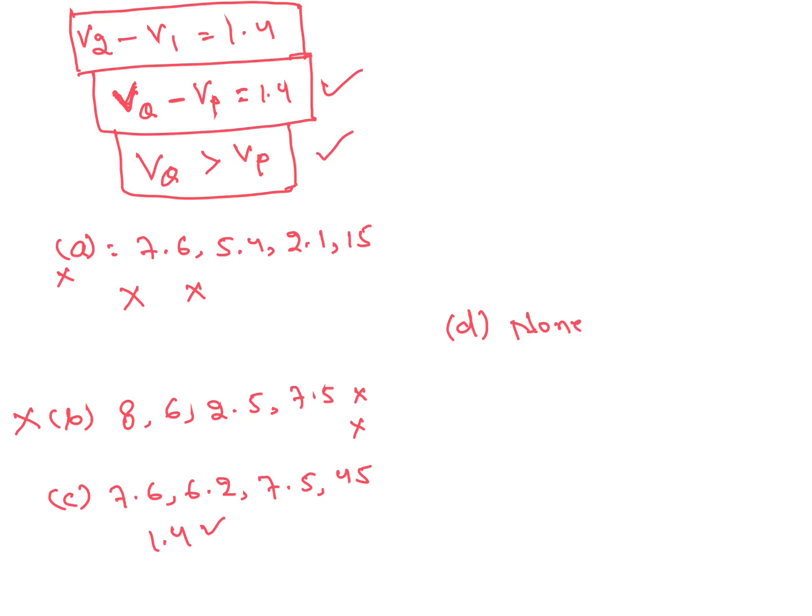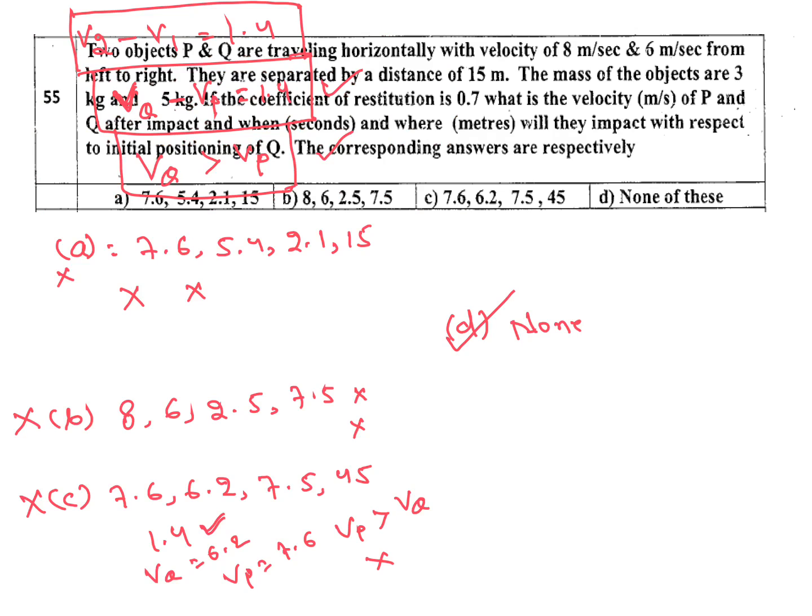But second case, VQ equal to 6.2 and VP equal to 7.6. Here VP is greater than VQ, so second case is not matching. So C also not possible. So none of these is our answer. Here D is our answer.